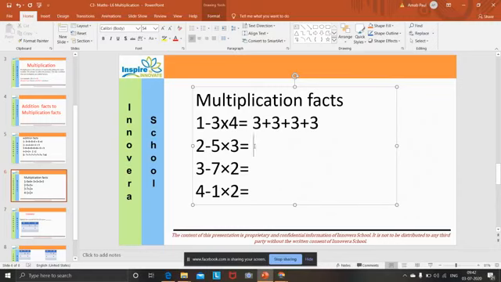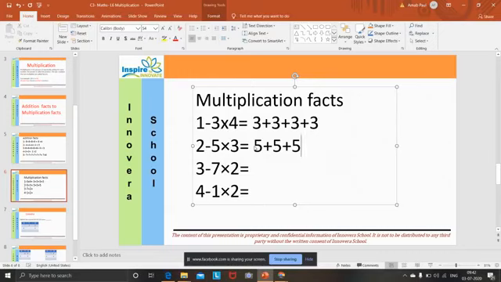So we are going to write 5 plus 5 plus 5. 5 3s are 15, and if you add 5 plus 5 it is 10, 10 plus 5 is 15. In both cases the answers are the same.